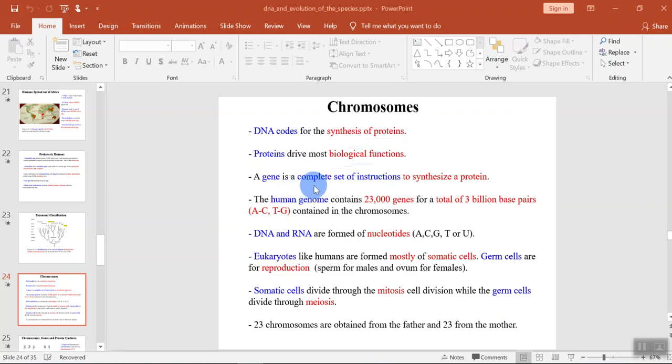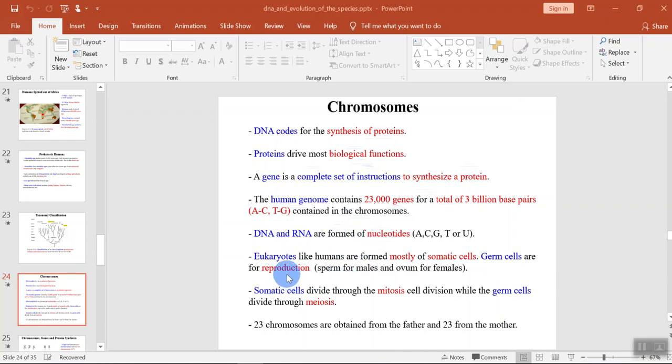A gene is a complete set of instructions to synthesize a protein. We said that the human genome contains some 23,000 genes for a total of 3 billion base pairs. Remember ACTG? Contained in the chromosomes. We said DNA and RNA are formed of nucleotides.